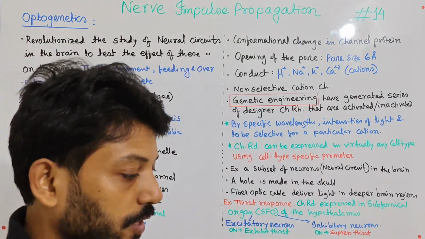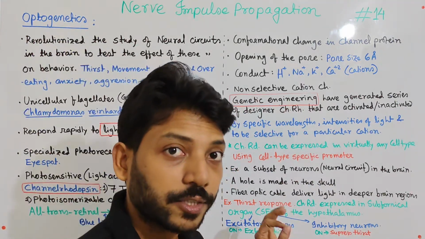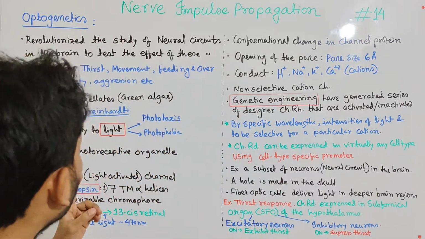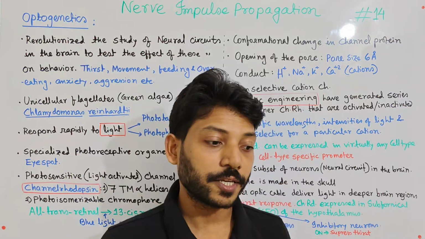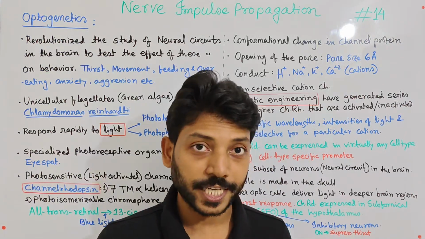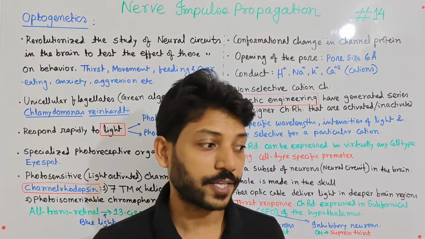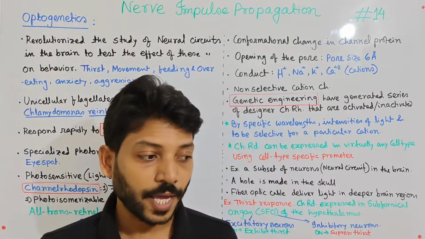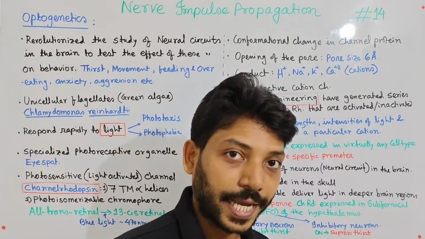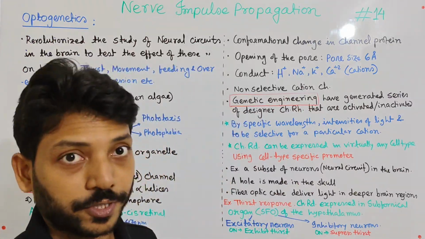Scientists have performed optogenetics with other behaviors too, like movement. In the case of aggression, scientists observed that when light is flashed, the mice in the cage become very aggressive and attack inflated hand gloves. And when they turn off the light, they immediately become non-aggressive.